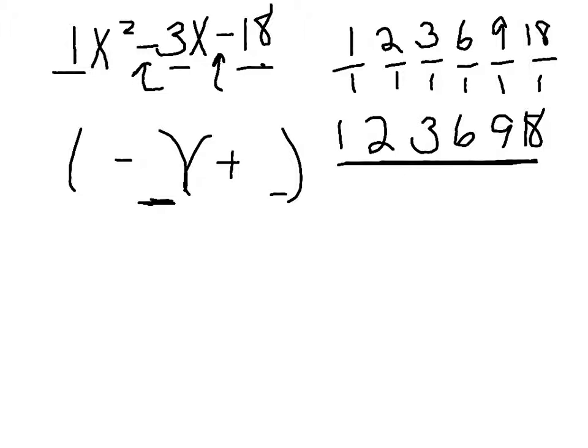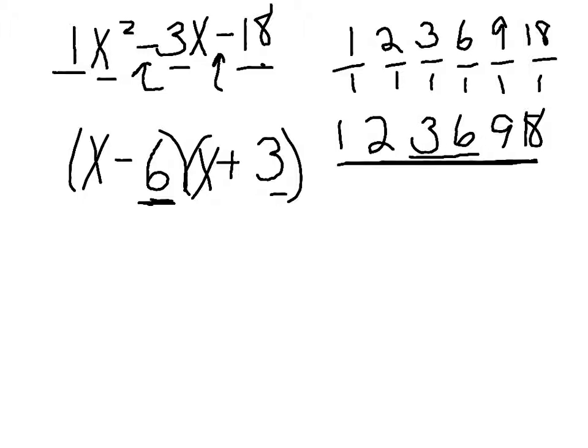So 6 and 3 are the only ones that match that criteria. So I'm going to put my greater number, the 6, with the minus sign. And I'm going to put my 3 on the other spot. The only way to get x squared is x times x. And that's my factored form of this quadratic.